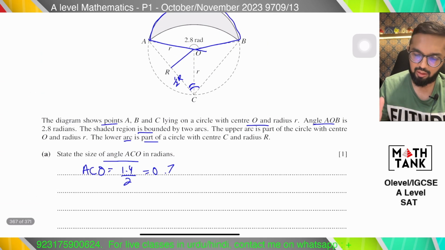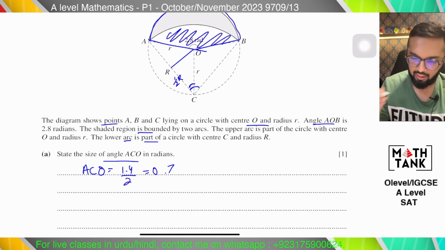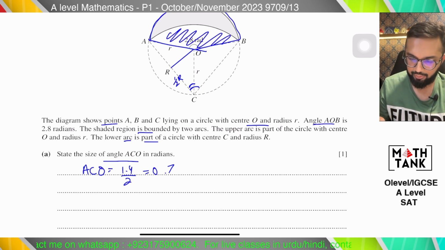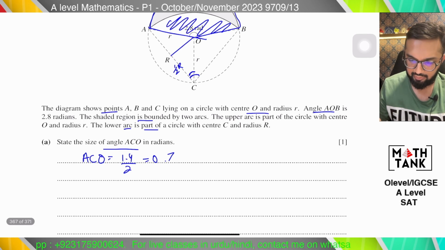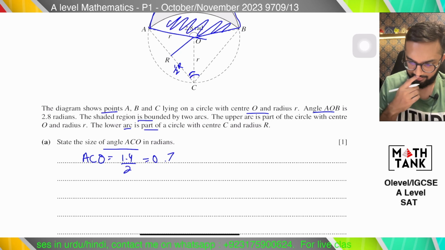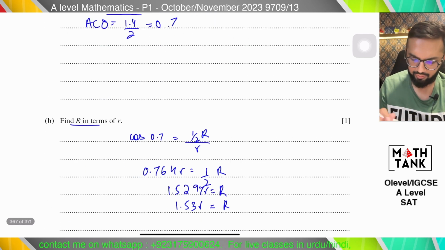Now, if I can somehow come up with this area, how do I find out this area? I have to subtract two triangles out of a sector. I think that should be it.